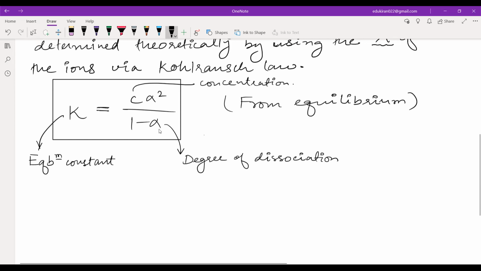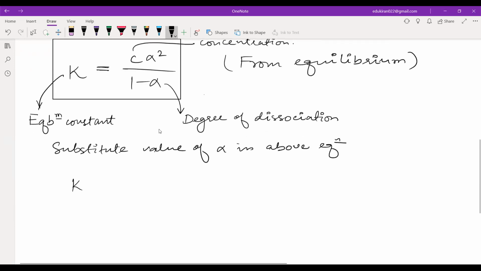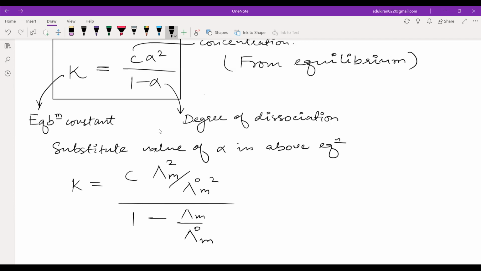Okay. Now let us substitute the value of alpha in the above equation. If we include the value of alpha, K will be equal to C. Now alpha square will be lambda m square upon lambda naught m square, divided by 1 minus lambda m upon lambda naught m.